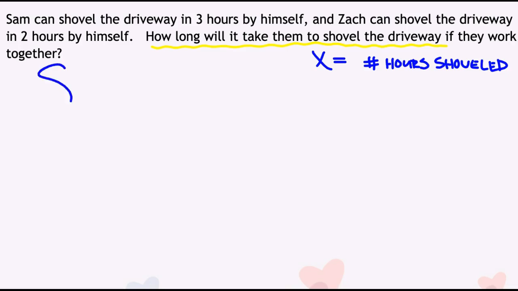What we want to know, well, we're almost done. Sam's shoveling rate. That's what we need to know. Sam's shoveling rate. What is it?